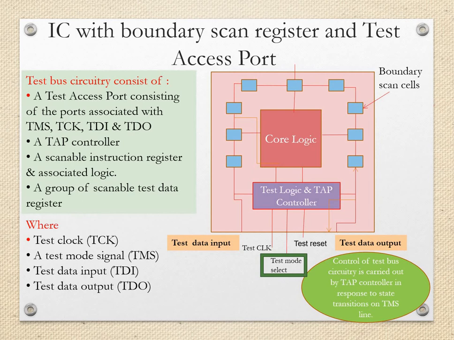TMS is nothing but the test mode select. So the test mode signal will control the activities of the TAP controller. The TAP controller will come into the picture and start generating the control signals as soon as this TMS input is applied.